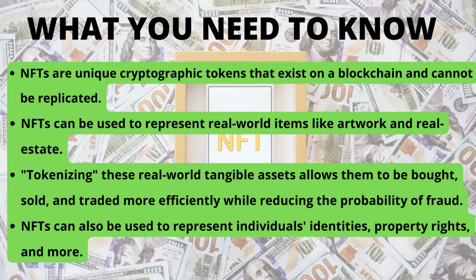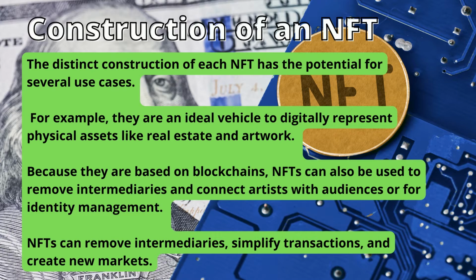NFTs can be used to represent real-world items like artwork and real estate. Tokenizing these real-world tangible assets allows them to be bought, sold, and traded more efficiently while reducing the probability of fraud. NFTs can also be used to represent individuals' identities, property rights, and more. The distinct construction of each NFT has the potential for several use cases.